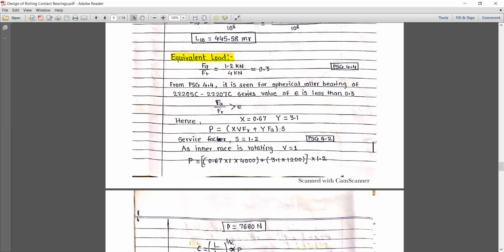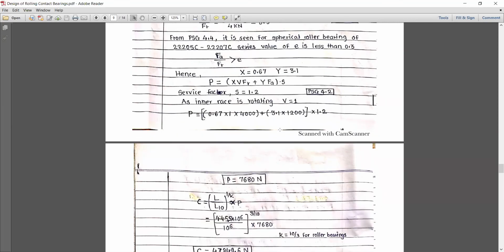Okay, so we already know that regarding the bearing rotation, the inner race is always rotating normally, and in this application also the inner race is rotating, so that's why the value of V is equal to 1.